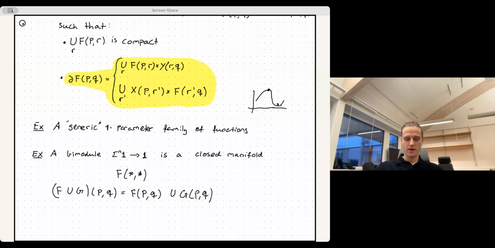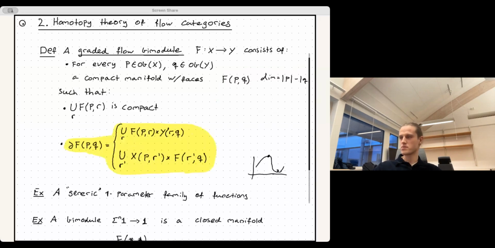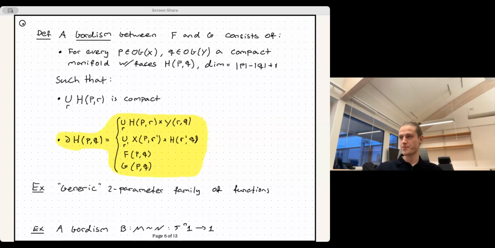So far, so good. This gives us morphisms, but we also need some notion of homotopy between morphisms. That's what's called a bordism. Again, we have to specify for every object P in X and every object Q in Y some compact manifold with faces. It has a dimension formula, this time with a plus 1, and it should have this compactness property. The important thing in this definition is the master equation, which tells us how the boundary strata behave.